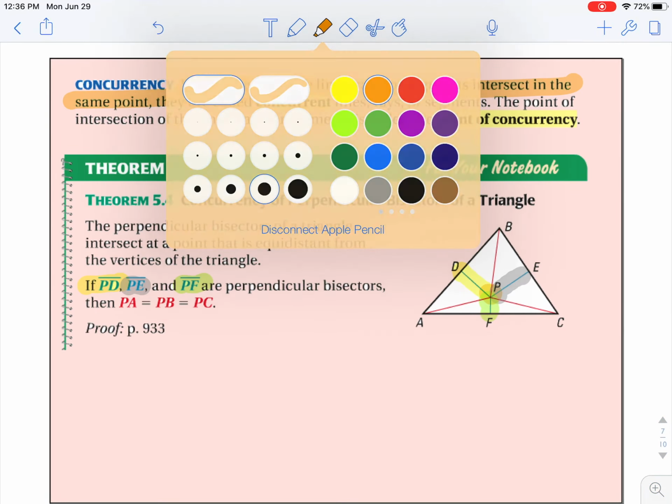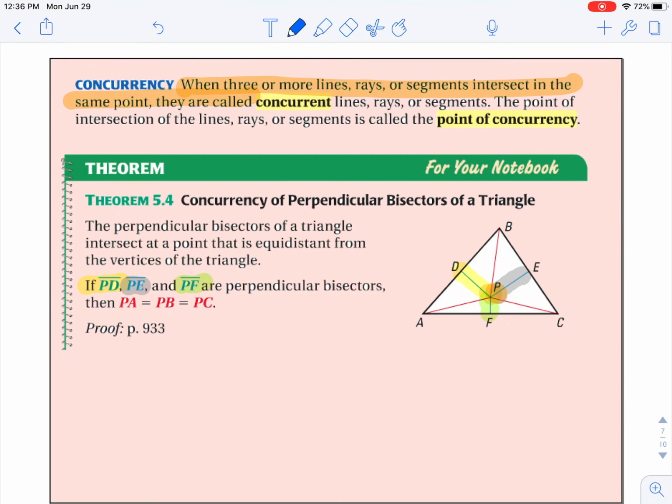Then they're meeting at that point of concurrency, P. And that point of concurrency is equidistant from each vertex of the triangle. So that means these three segments from the point of concurrency to each vertex are the same distance.